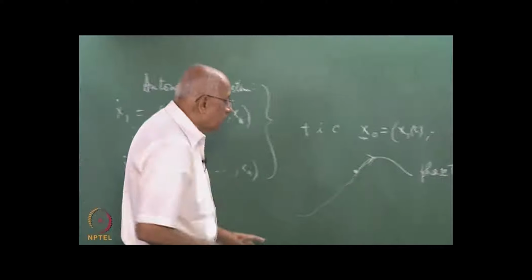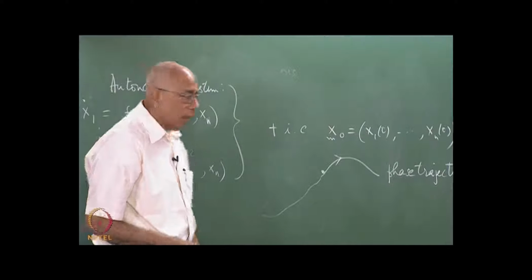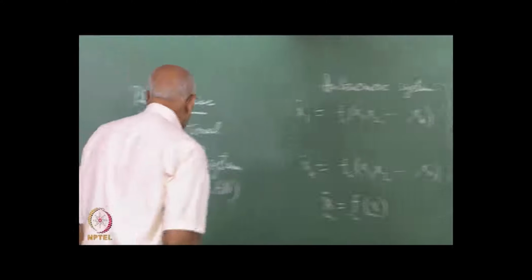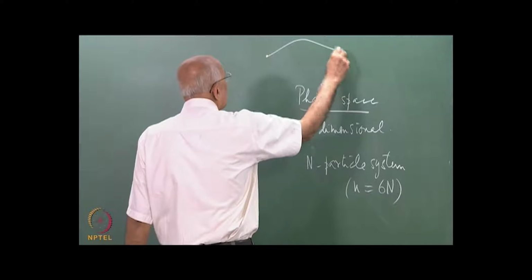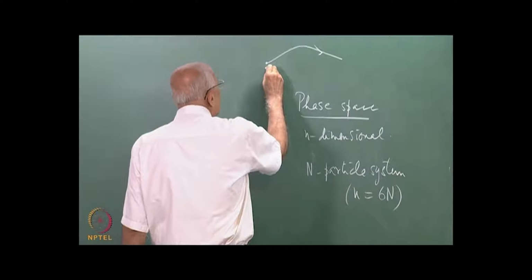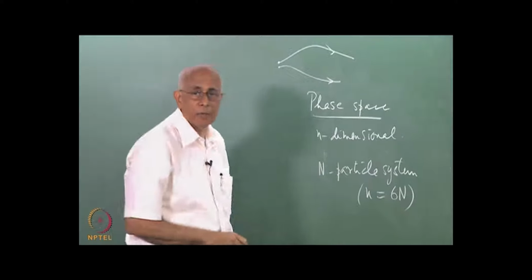Now there is a lot that can be said immediately just based on this and nothing more than that, and one of them is the following. For instance, this phase trajectory for a given initial condition might look like this, but if you had a slightly different initial condition, then it could look like this. It is a different phase trajectory.